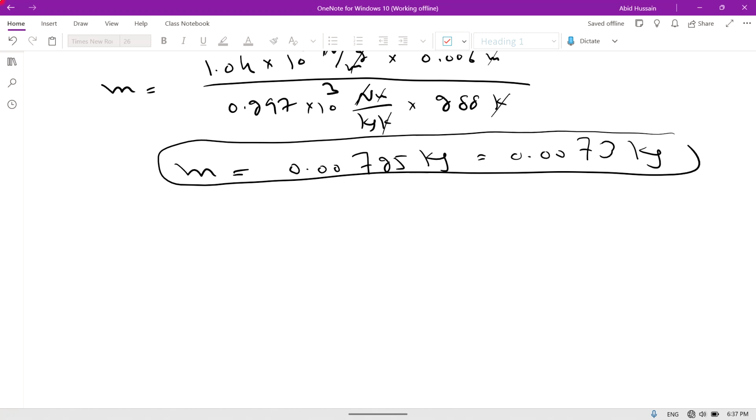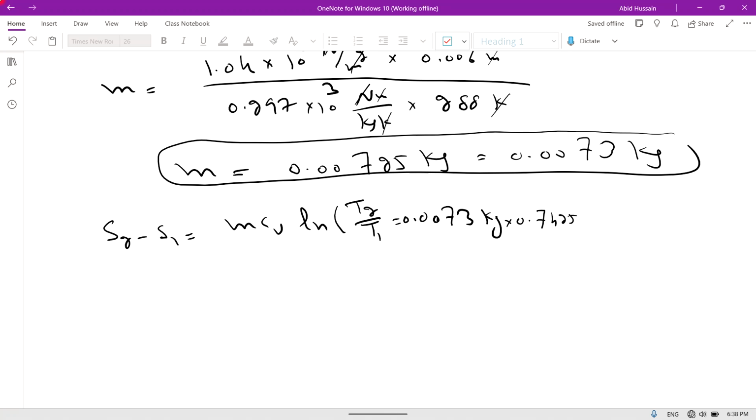Now we can find S2 minus S1. S2 minus S1 is equal to m CV natural log of T2 divided by T1. m is 0.0073 kilogram. The value of CV is 0.7425 kilojoule per kilogram per Kelvin, and natural log of T2 divided by T1, 363 Kelvin divided by 288 Kelvin.